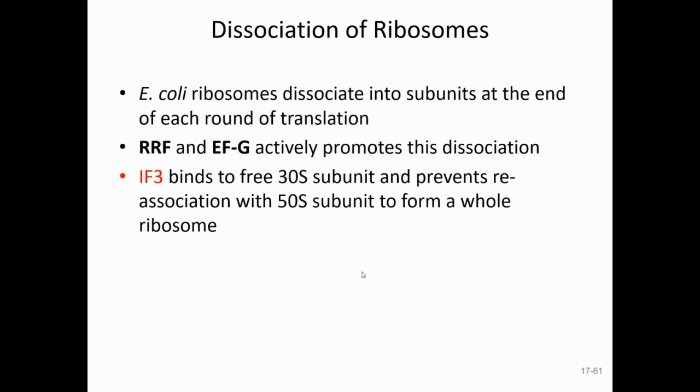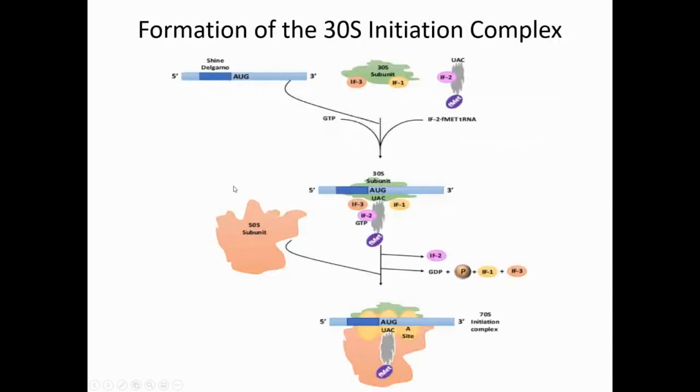Basically you need to separate the 30S and 50S subunits, and that requires initiation factor 3, IF3, because IF3 binds to the free 30S subunit and prevents reassociation. That's the important factor, initiation factor 3. And then of course RF and EF-G, these two proteins, can promote this dissociation.